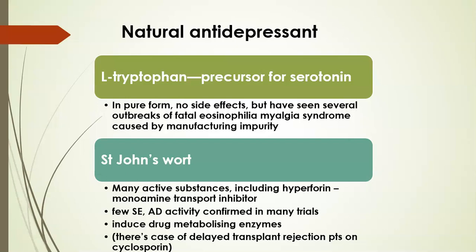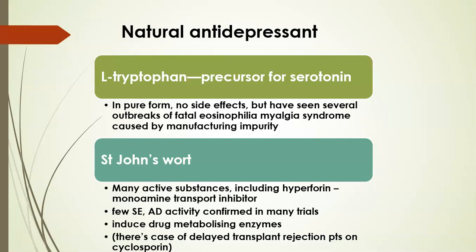But St. John's wort, so this is used widely for depression. St. John's wort is a type of herb with many active substances, which includes hyperforin. And hyperforin actually acts by inhibiting monoamine transport, so it works very similarly to our antidepressant drugs.